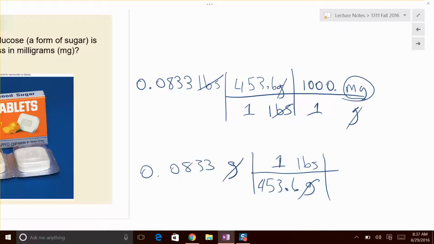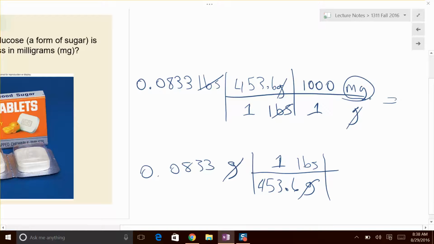Because once your units are all in there, I know the numbers to put. I know which numbers to put there once I have the units correctly placed. Okay? It really helps. So now I can calculate this. Okay? And this one's easy because I'm just multiplying everything. Because look at the bottom. It's just ones. So I don't have to divide by anything.